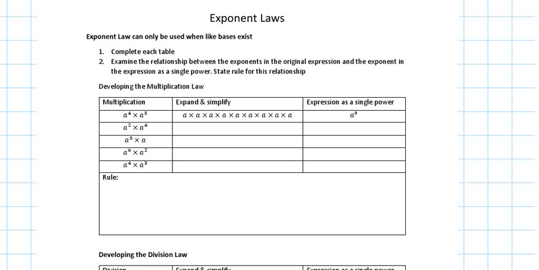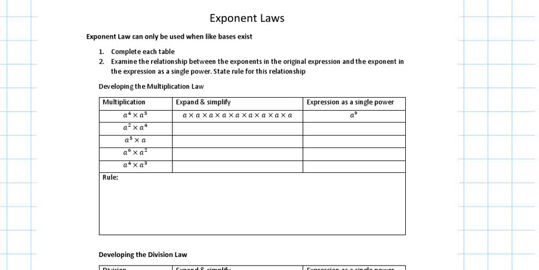Okay, so the first thing that we're going to do here is look at exponent law, and then we're going to develop the multiplication law. If I'm going to look at a to the power of 4 times a to the power of 5, and I want to expand this, it's the same thing as saying I have a times a times a times a, right?